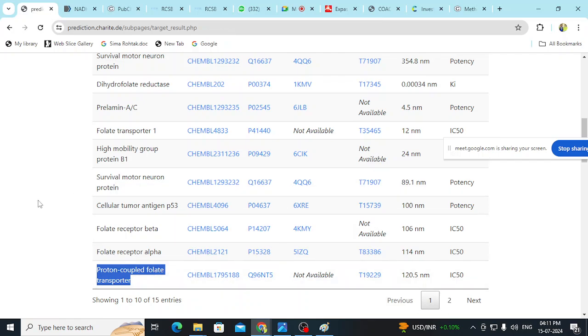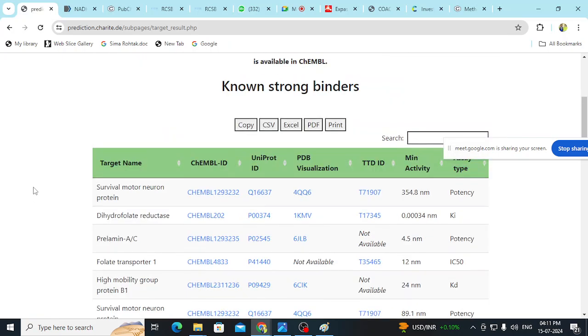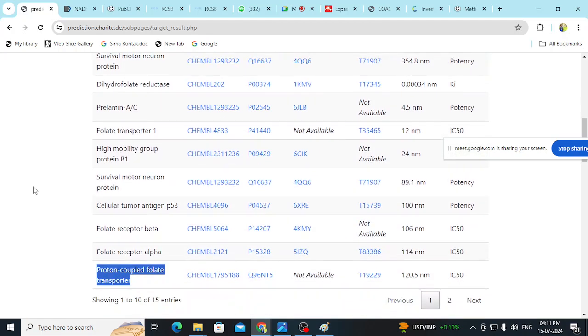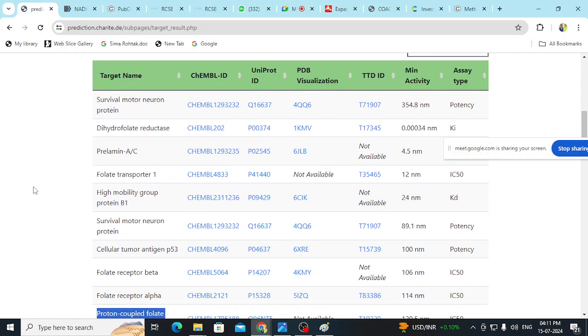Now this could be good or bad depending on your analysis, but further research is also needed. So what does it mean? It means that the previous drug has a limited audience. On the contrary, this particular anti-cancer drug, methotrexate, might have a larger audience. Now this is the gross study.